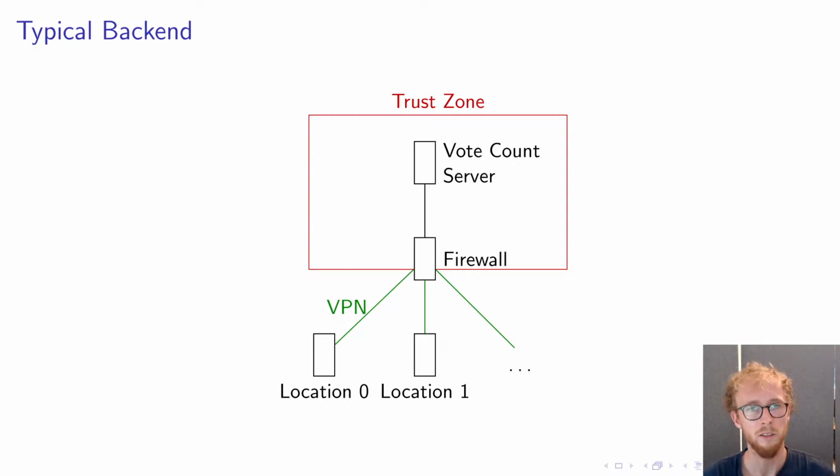And once this backend is compromised, we basically have a very hard time to actually contain the attack and ensure that no misuse happens. And typically that's what is used most of the time in the US, Germany, whatever.